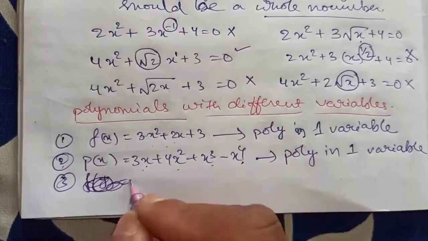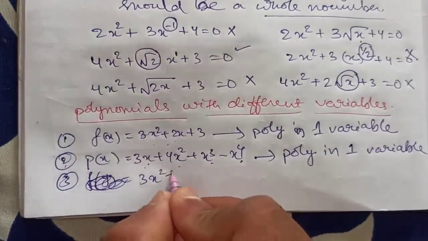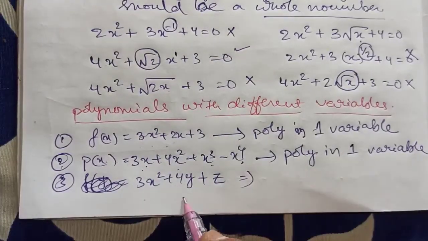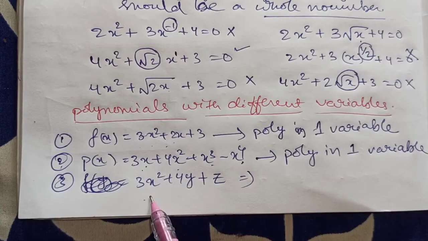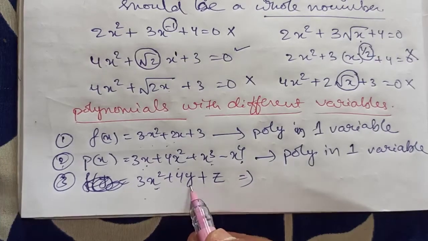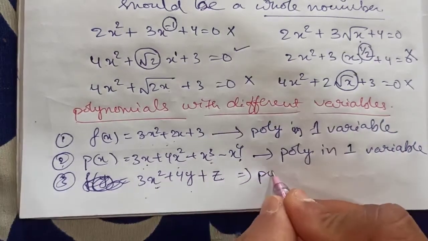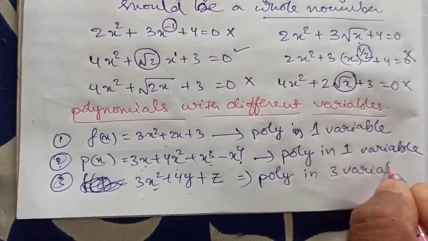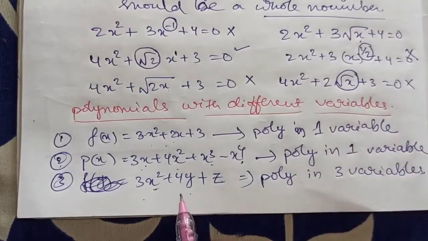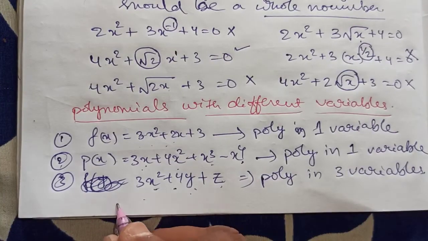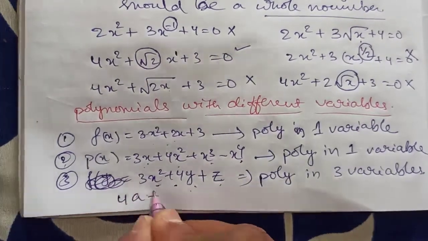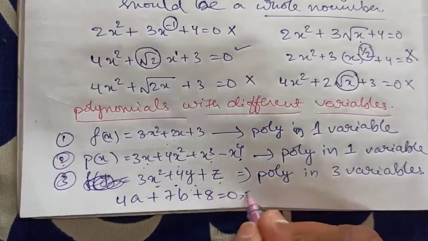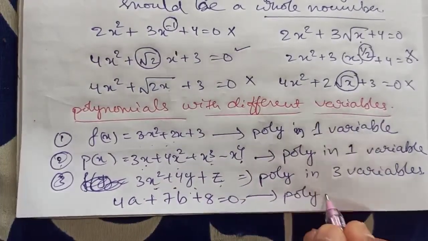Suppose I write 3x square plus 4y plus z. Now how many variables? 1, 2, 3. So this polynomial is written in 3 variables, that is 3 different alphabets. Suppose I write 4a plus 7b plus 8 equals 0. This polynomial is in how many variables?